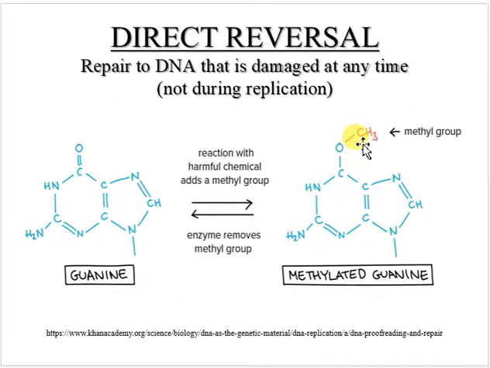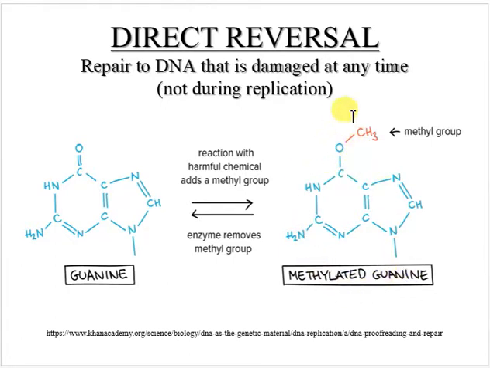So you see that type of damage being treated oftentimes with direct reversal. And that's kind of what we have going on here with the addition of this methyl group. So you have regular guanine, some type of reaction to a harmful chemical in the environment causes the addition of a methyl group to the oxygen, right?